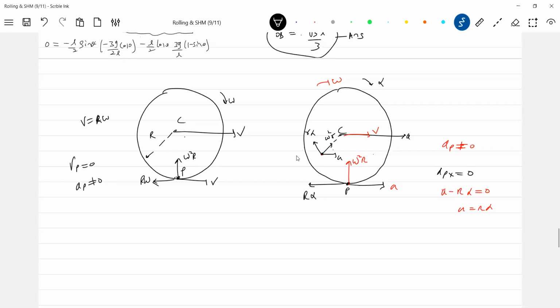Then what about here? This is A, this is R alpha. I think here there is a possibility.